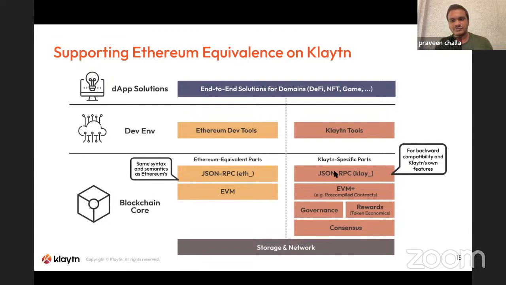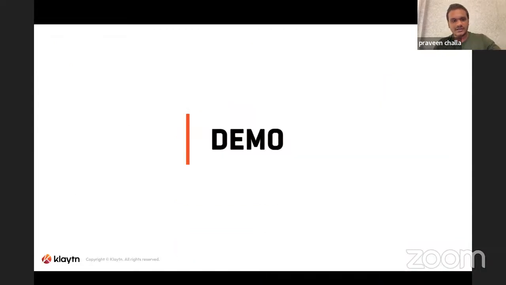As part of the klay namespaces, we also have governance related contracts. If you have to communicate with voting and these kinds of things, then you might have to make use of Klaytn related namespaces. So I think we'll deep dive into the demo now.